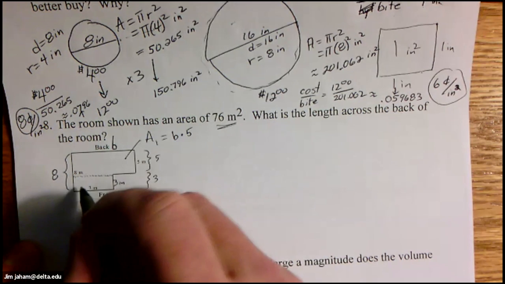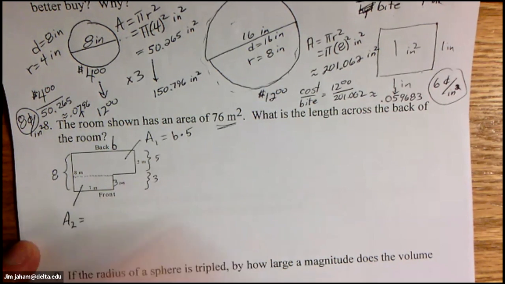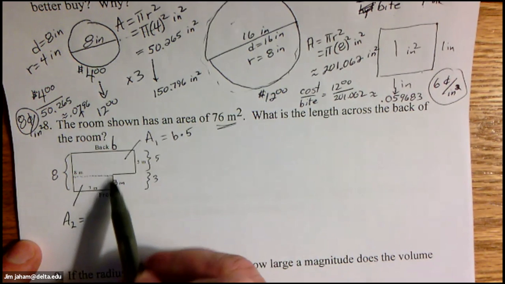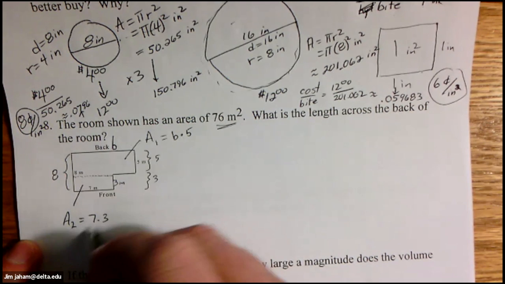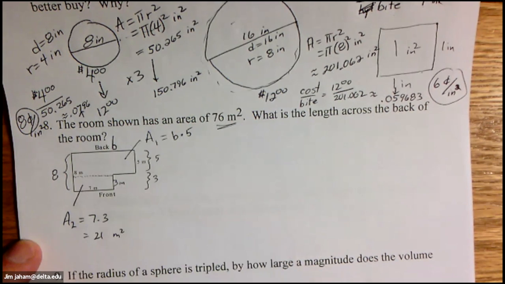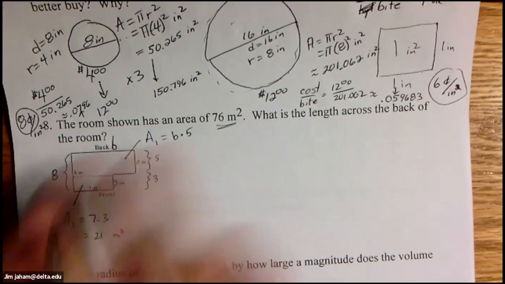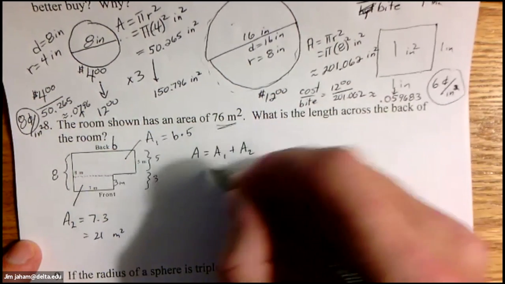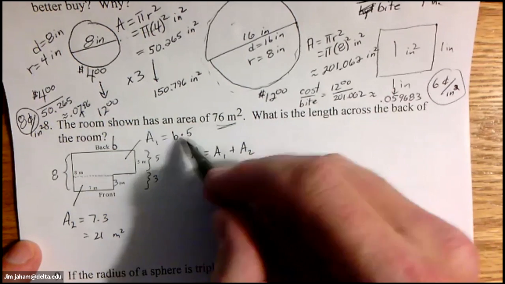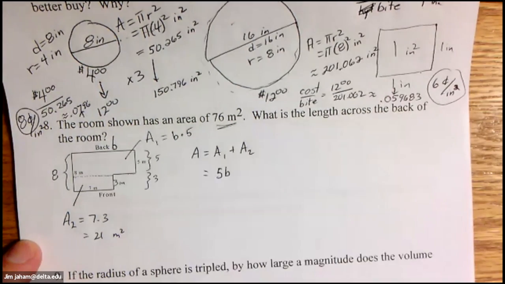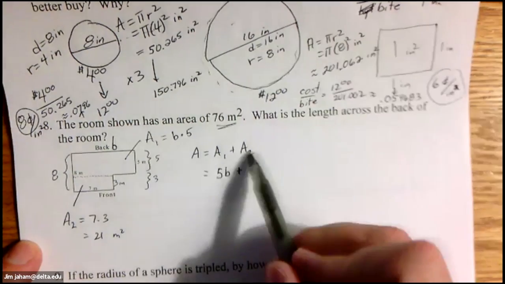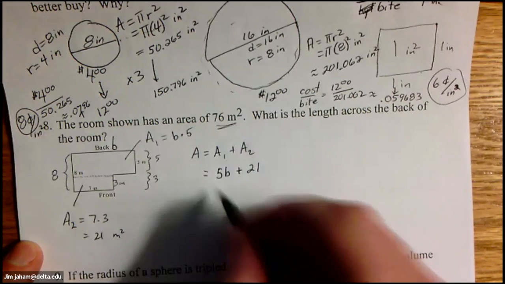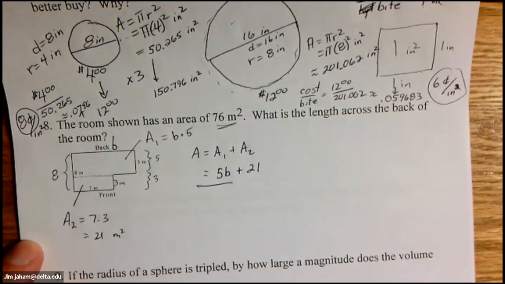And then this one down here, I'll call this area 2. It's the rectangle, and the length is 7, and the width is 3. So 7 times 3, 21 square meters. So the area of the whole thing is the sum of the areas A1 plus A2. A1 is 5 times B. A lot of times we'll just write that 5B. And the area of A2 is 21. And that's the area of the whole shape.